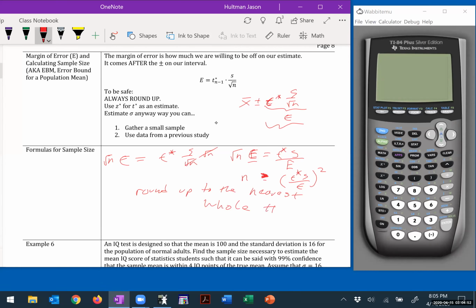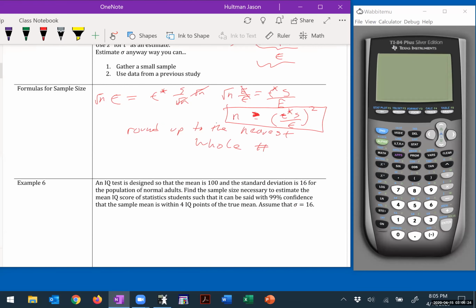That's my T star. So this was division by E, cancel you out. Square both sides, get rid of the square root. So I'm going to use this formula.